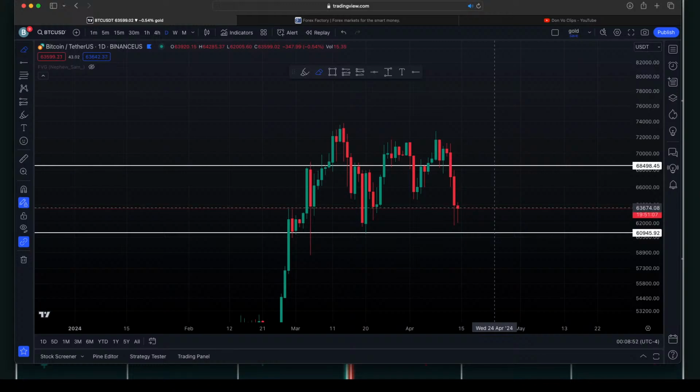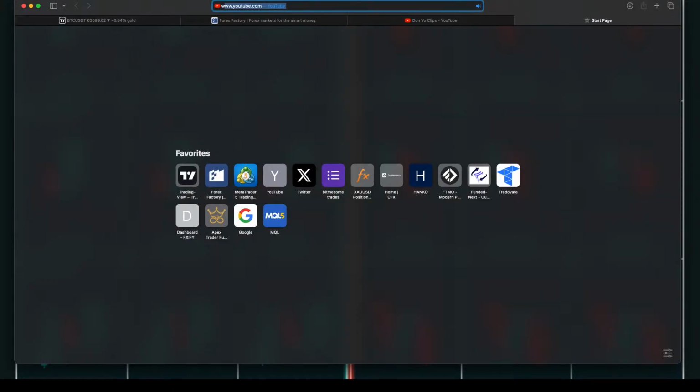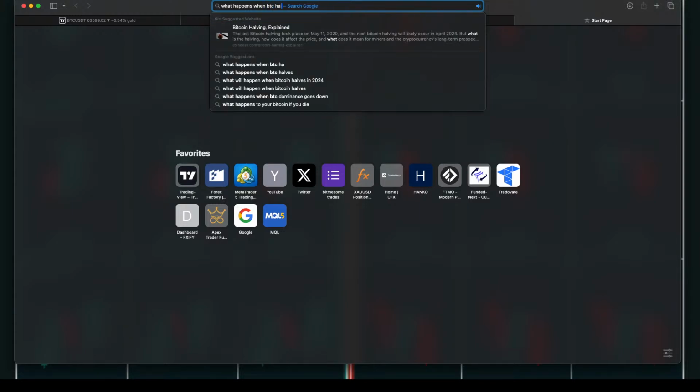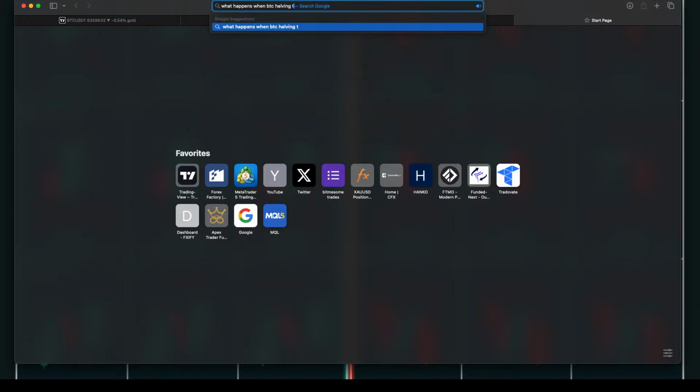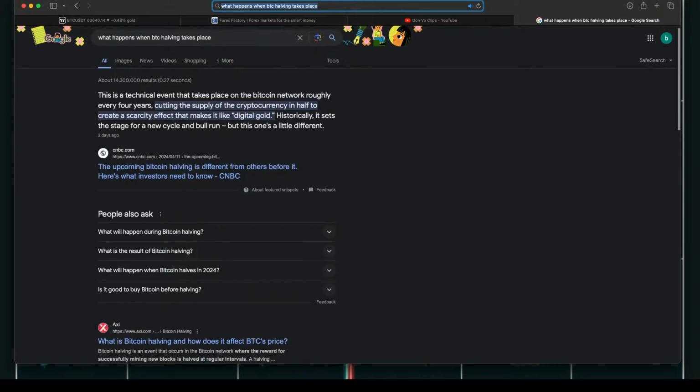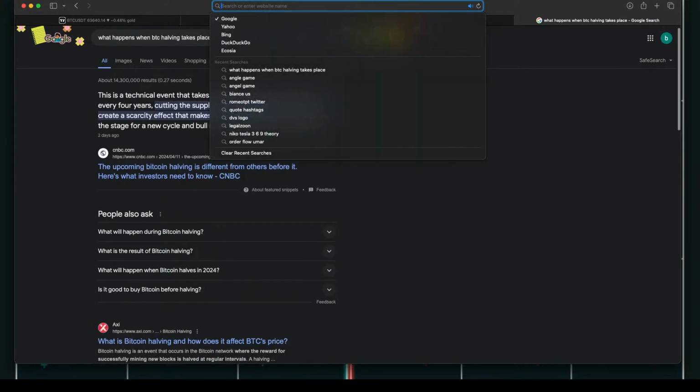And I believe, if I'm right, when they say the halving happens, it usually drops or something, doesn't it? Let me see. What happens when BTC halving takes place? The technical event takes roughly every 4 years. Okay, did Bitcoin drop last halving?